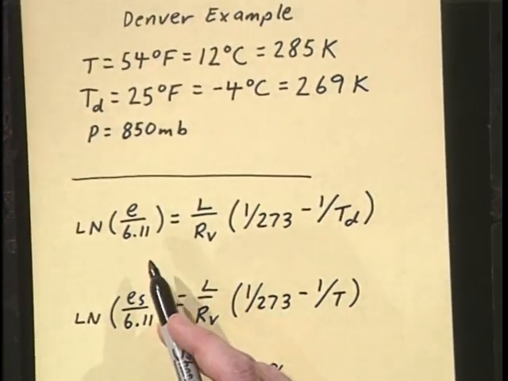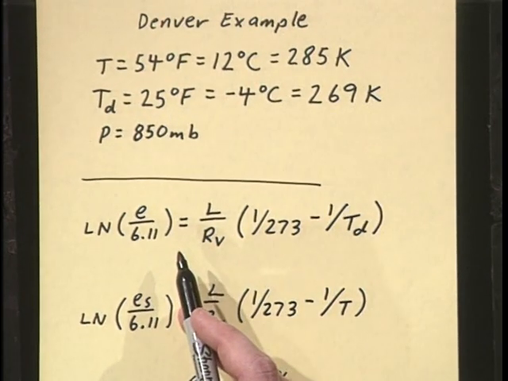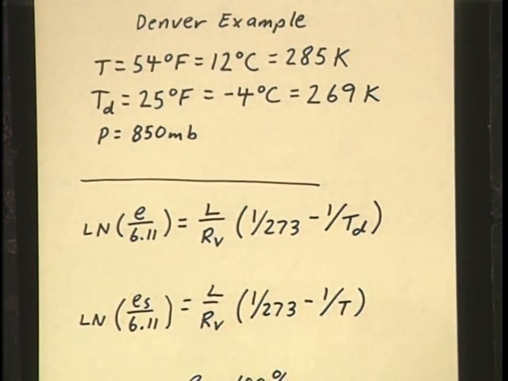So we have our Clausius-Clapeyron equation, and there's two forms of the equation that I'm showing here, and they're exactly the same with only one minor difference.